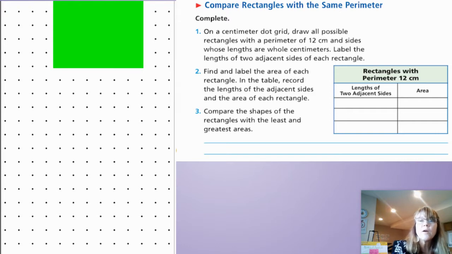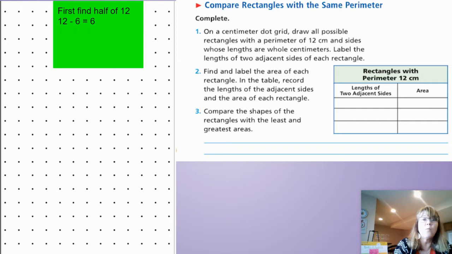So we need to first find half of 12 because our perimeter has to be 12. To find the perimeter of a rectangle that is 12, we need to find what the two adjacent sides are. So what is half of 12?